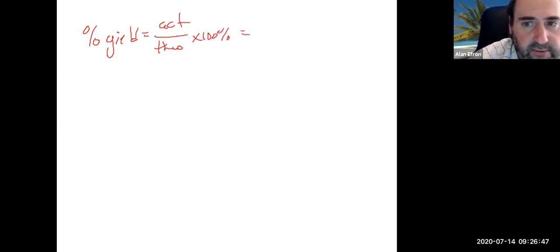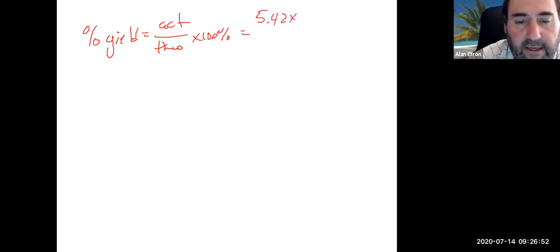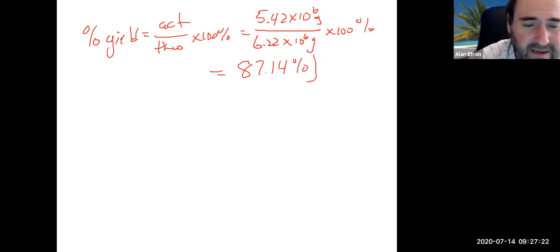That means our actual, which was given to us in the problem, 5.42 times 10 to the 6th grams, divided by the theoretical that we just calculated, times 100%, gives us a percent yield of 87.14. Not terrible, not super great, but not horrible, I guess.